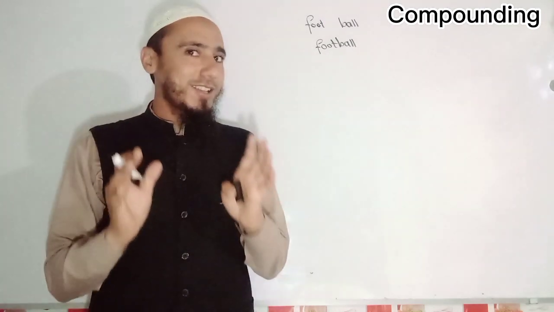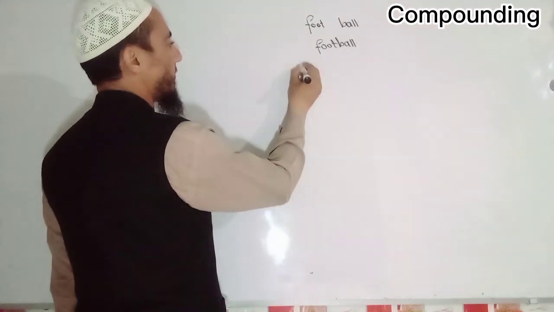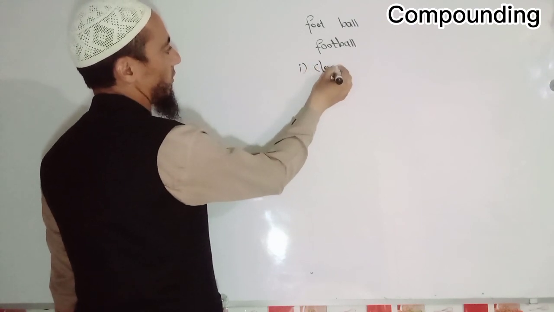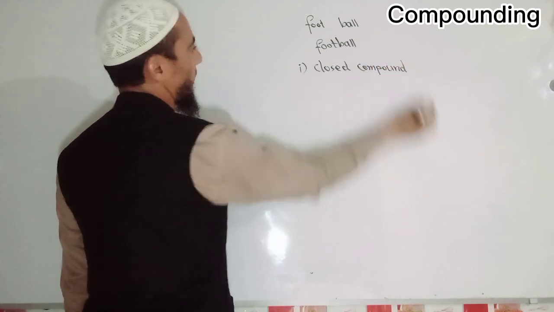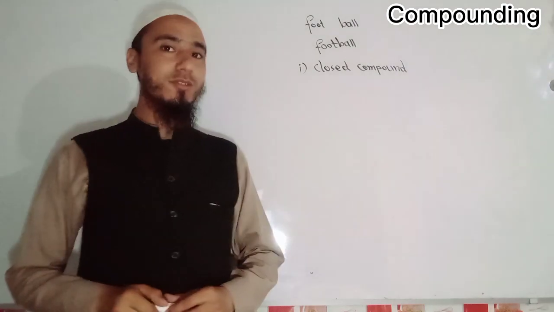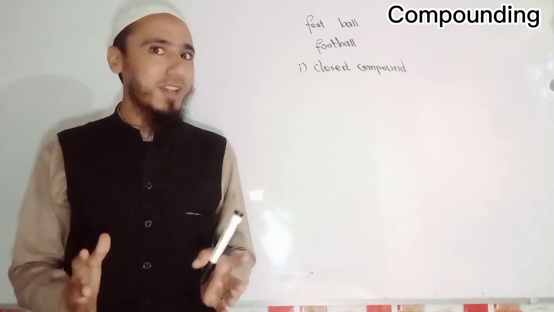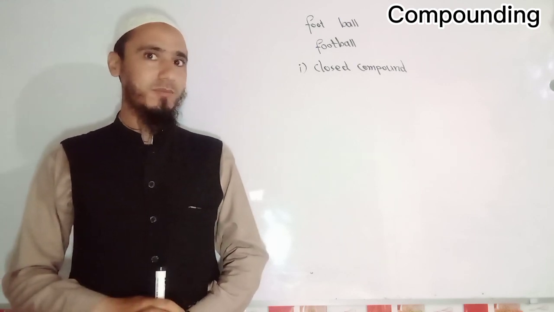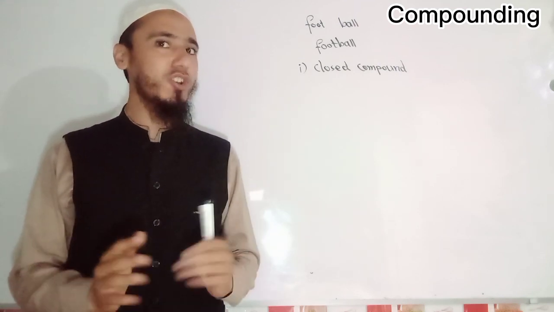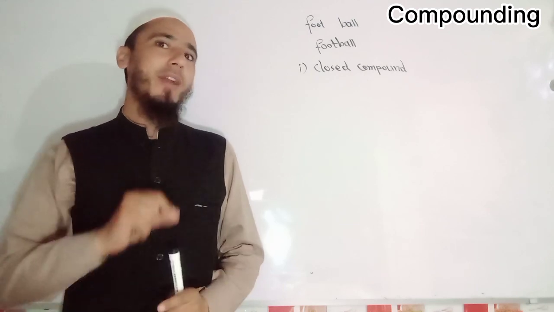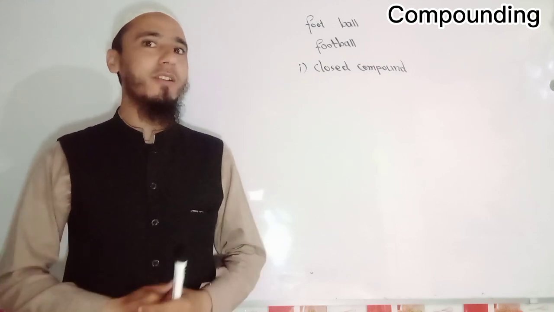Now, there are three types of compound or compounding. The first type is known as closed compounding or closed compound. What is closed compound? Closed compound is the combination of two words where there is no space between them, and a new word is formed because of their combination.